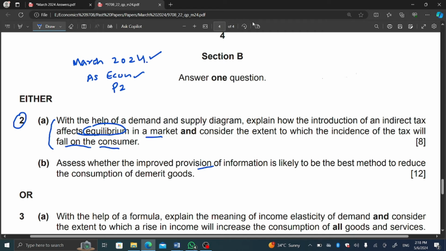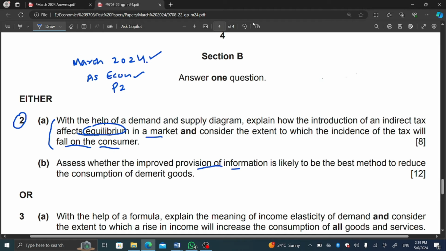As a result, people will decrease the demand for demerit goods, or demand curve will shift to the left, so then you will have to make the graph as well where you have to shift demand curve to the left. And you will say that provision of information has led to decrease in demand for demerit goods, so consumption has decreased.